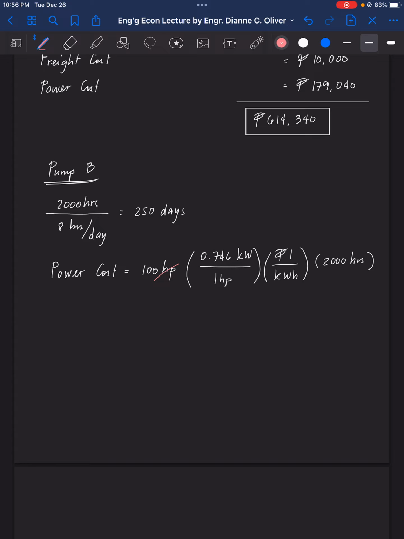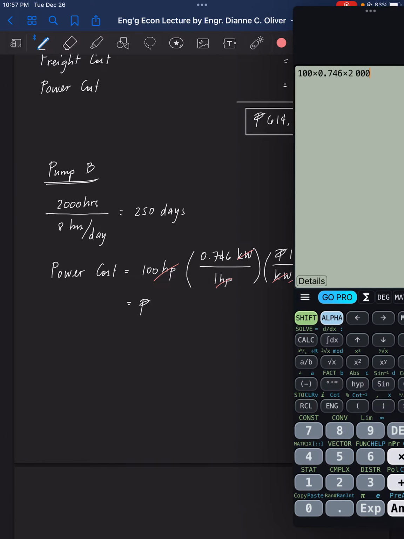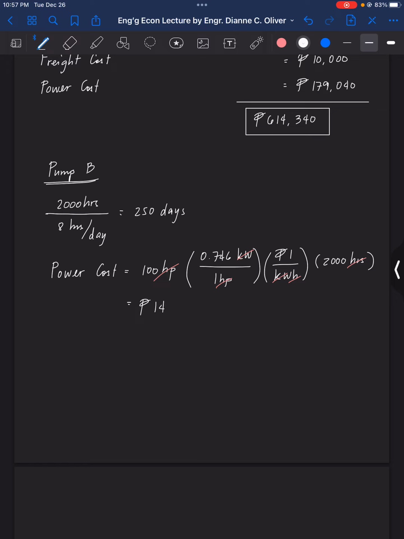So cancel horsepower, cancel kilowatt, cancel hours. So what's left here? Total power cost 746 times 2,000. So 149,200 pesos.